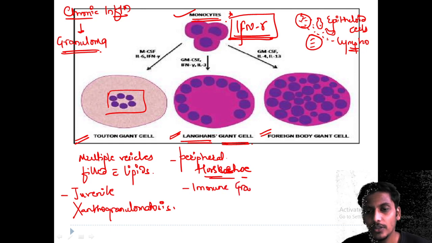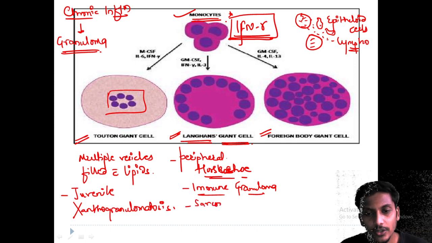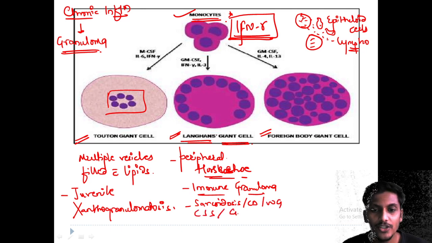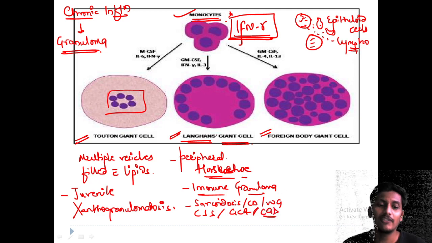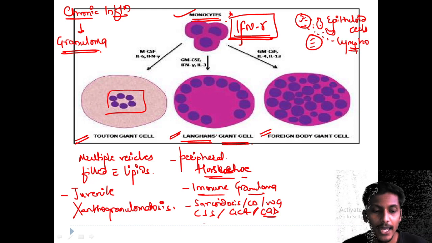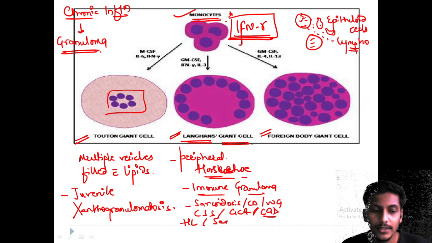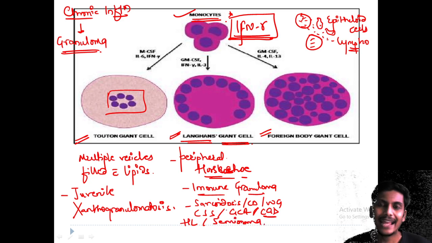Non-infective conditions include sarcoidosis, Crohn's disease, Wegener's granulomatosis, Churg-Strauss syndrome, giant cell arteritis also known as temporal arteritis, chronic granulomatous disease due to defective NADPH oxidase enzyme, and tumors like Hodgkin's lymphoma or seminoma.